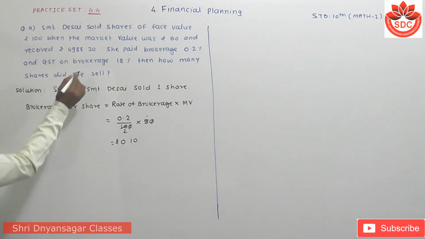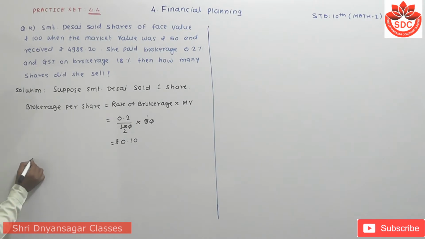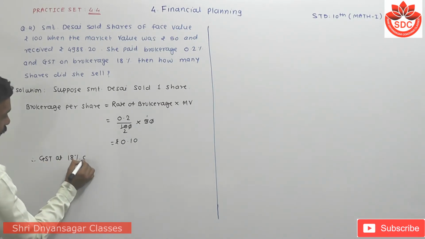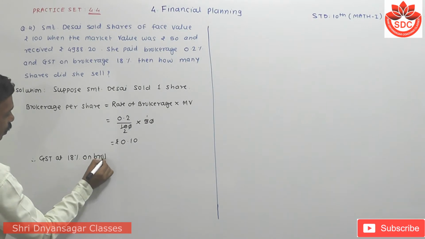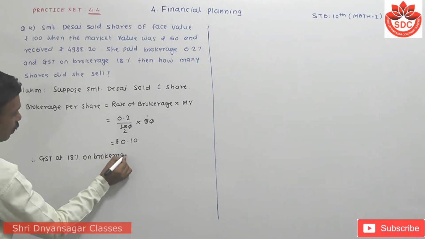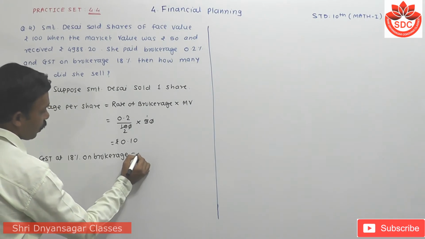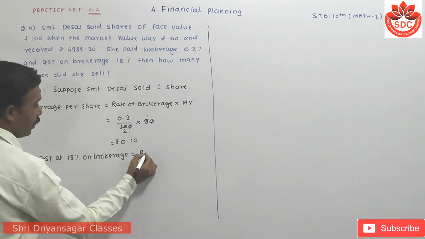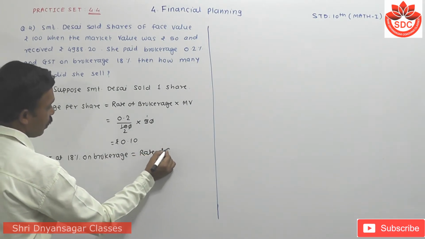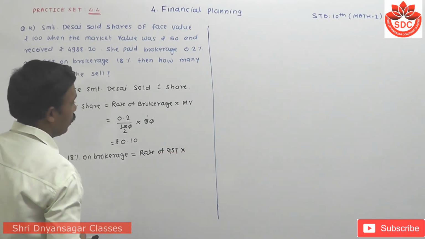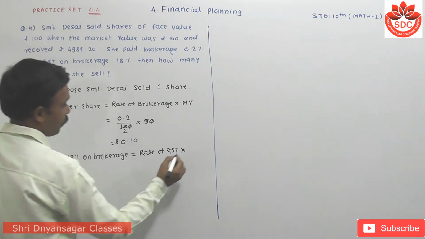Then GST on this brokerage is equal to, therefore GST at 18% on brokerage, rate of GST into the brokerage per share.